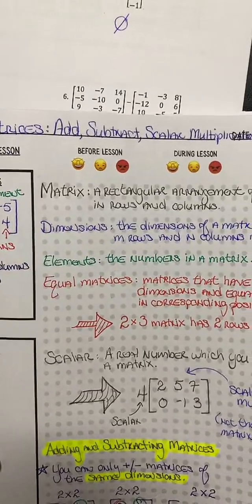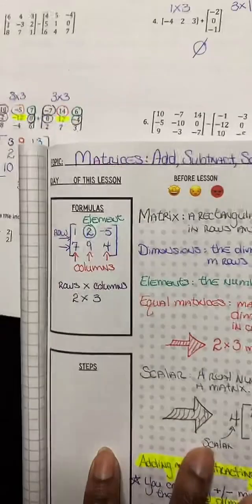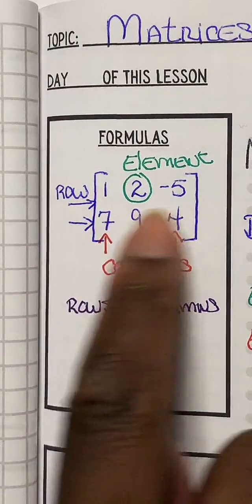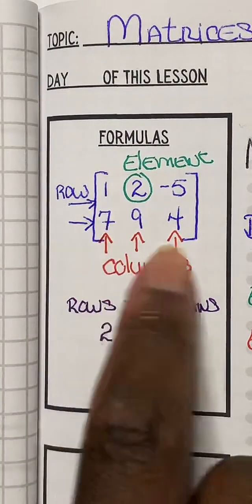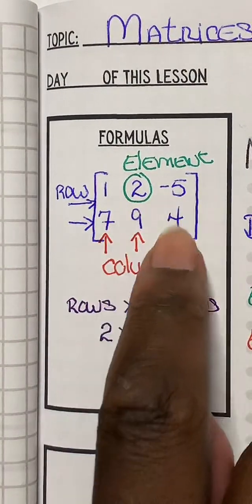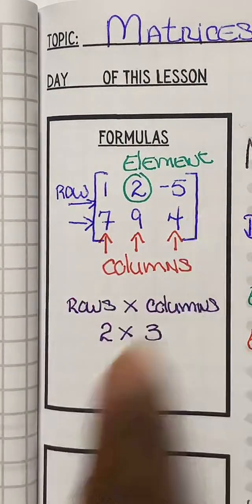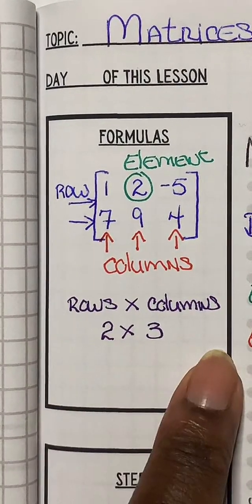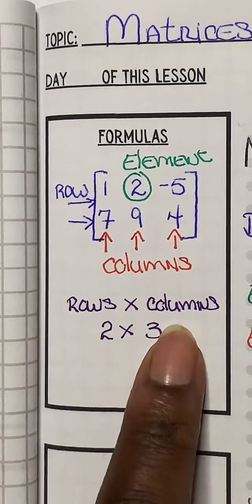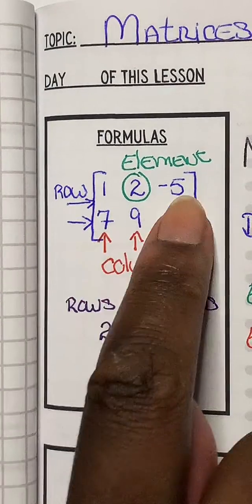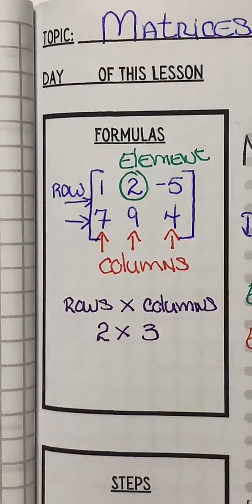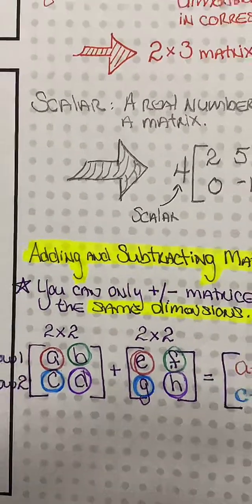Okay, so here's a little bit of my notes. So for those that are just coming in, you might want to take a look at this. Okay, so from left to right are your rows, up and down are your columns. The numbers that fill in your matrix are called elements, okay? Now, if you want to name your matrix, you name it by rows, then columns, okay? So this is 2 rows, 3 columns, so it's a 2 by 3 matrix. Now, when you are adding and subtracting, this is key.